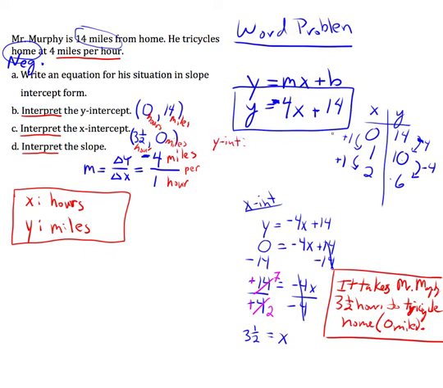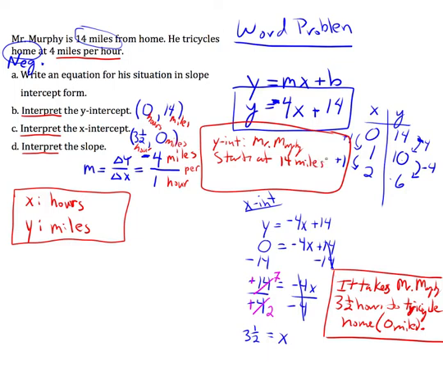And for our y-intercept, that would be 0 hours. And we talked about that 0 hours being 14 miles. So really, I could just talk about that 14 miles. So Mr. Murphy, and here I'm going to use the word starts at 14 miles.